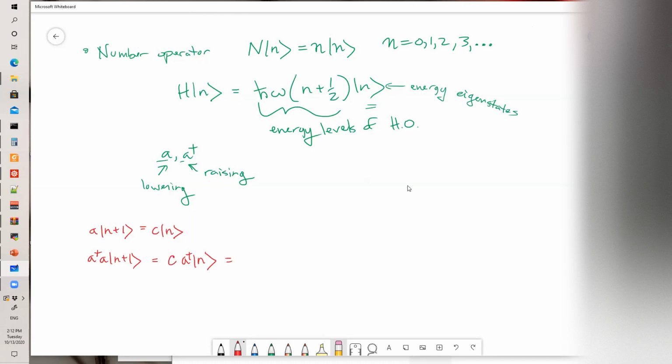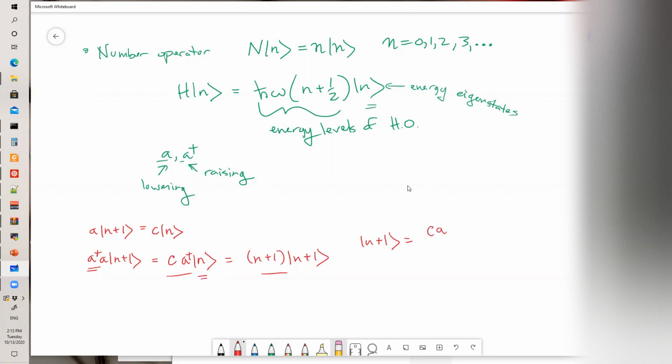And this whole thing, because this is the number operator, should be n plus 1 times n plus 1. And so we see from this formula that n plus 1 is uniquely related to n, right?